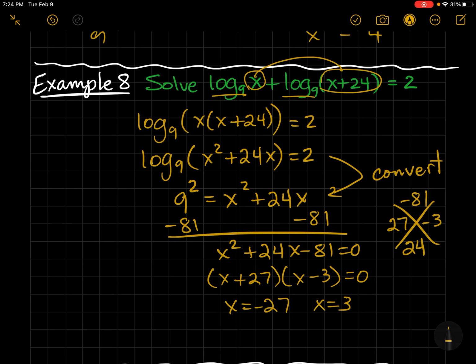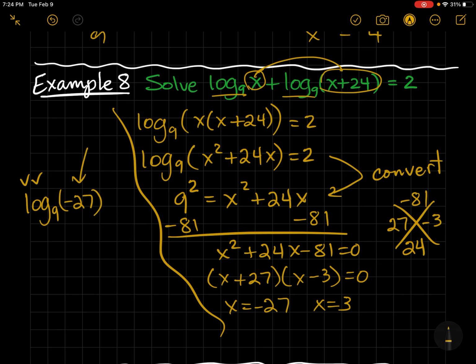Looks like we're going to have an extraneous solution. So when I do my double check, already I can see when I plug in negative 27 here, and you always have to check in the original equation, already that's a big no-no. That's extraneous. You cannot take the log of a negative.